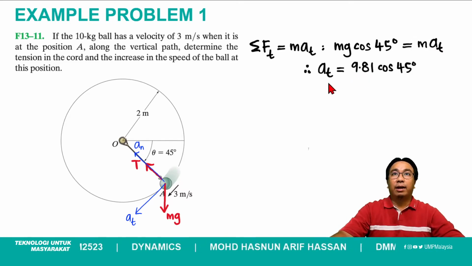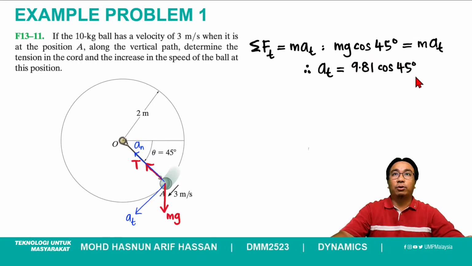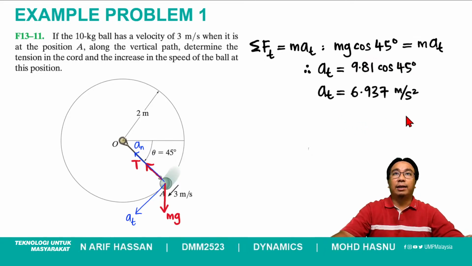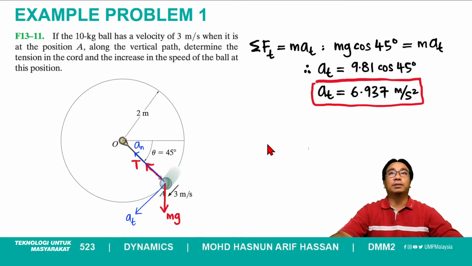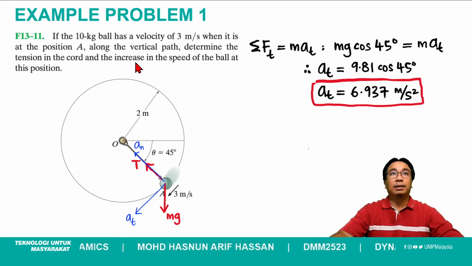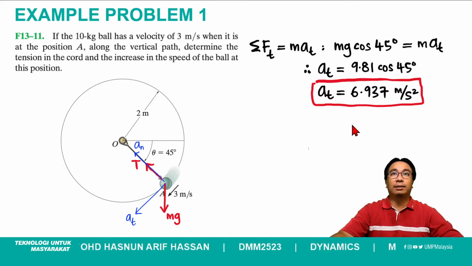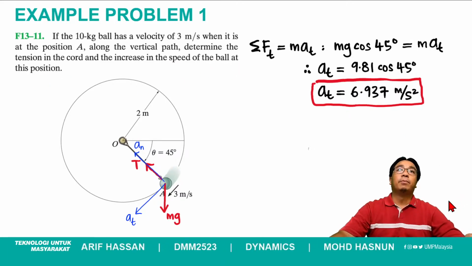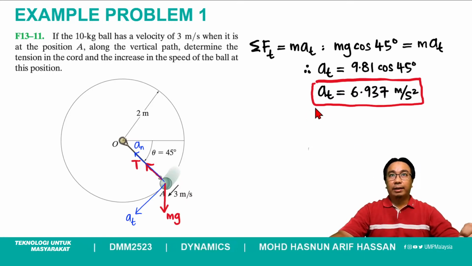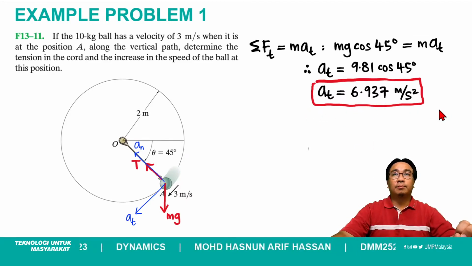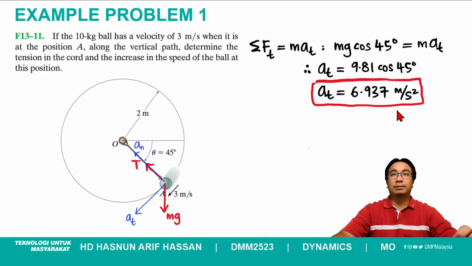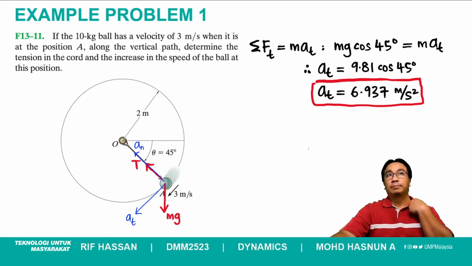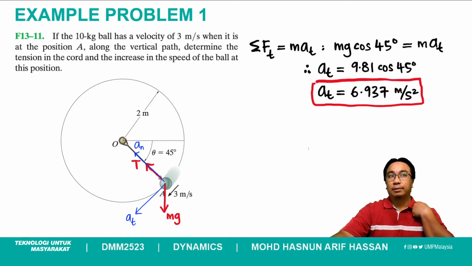Then you have AT equal to 9.81 cos 45 degrees, and AT is equal to 6.937 meter per second square. That is the increase in speed of the ball at this position, AT. Okay. Any questions so far? Is this clear? How to get the tangential acceleration? So far clear, sir. Okay.